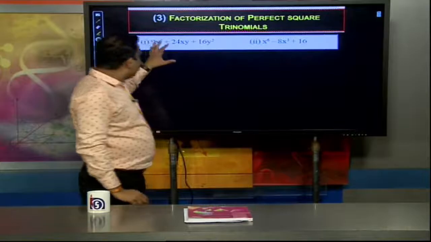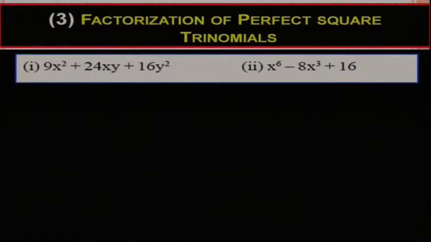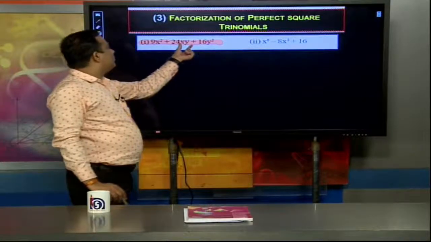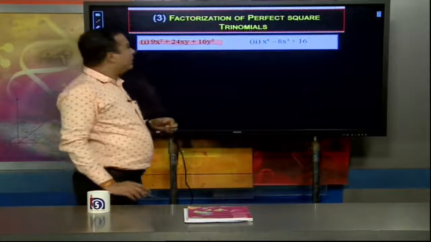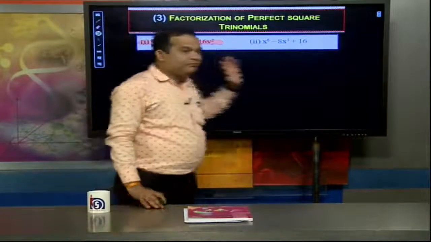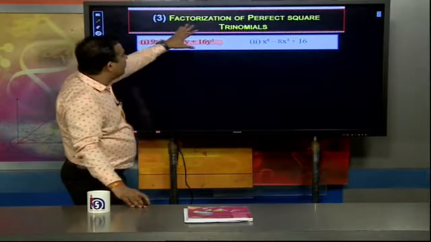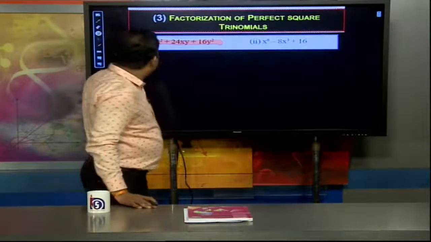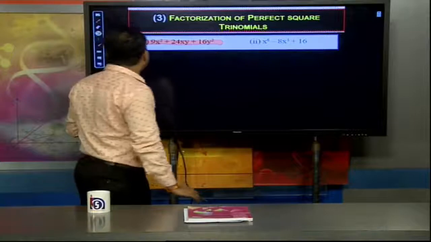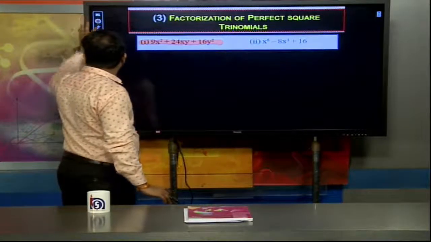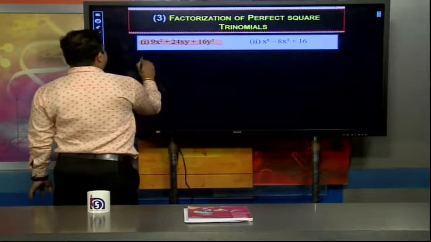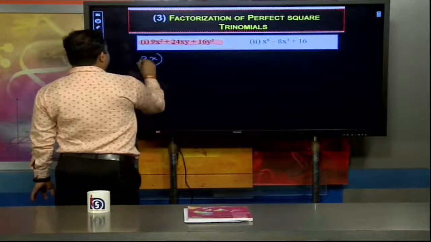Now, another thing, a trinomial is given. Dear learners, you know why it is called a trinomial? Because 9x square, 24xy, plus 16y square, simply three terms are involved. That's why you call it a trinomial. So, when we are talking about factorization of this one, I can write simply 9x square as (3x) whole square.